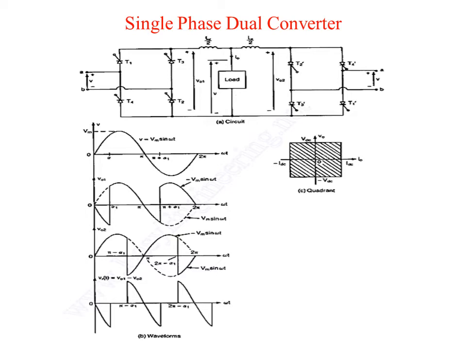The average output voltages for these two converters are given by the equations VDC1 is equal to 2 Vm divided by pi cos alpha 1 and VDC2 is equal to 2 Vm divided by pi cos alpha 2.